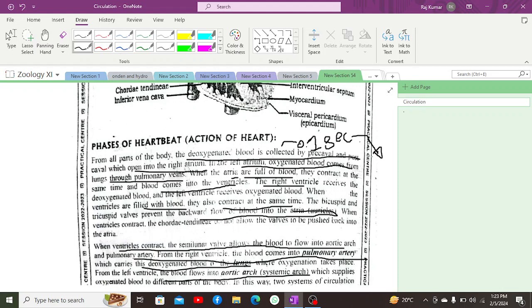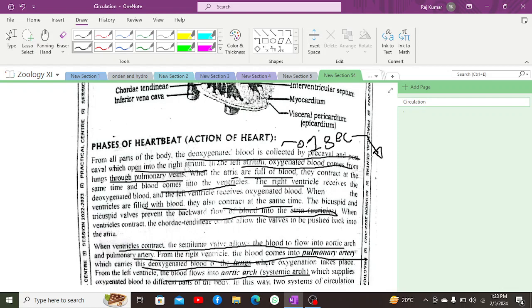After that, this releases the blood into the ventricles. Previously the pressure of the ventricles was less, but as the blood was transferred into the ventricles, the pressure over the valves, which are known as the semilunar valves, increased, as a result of which the semilunar valves close up.